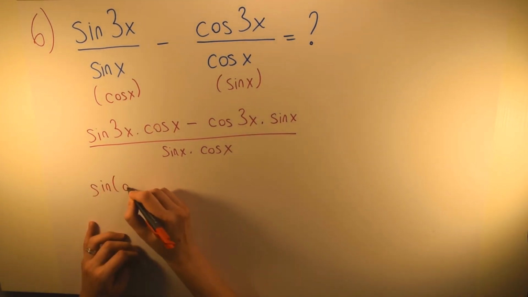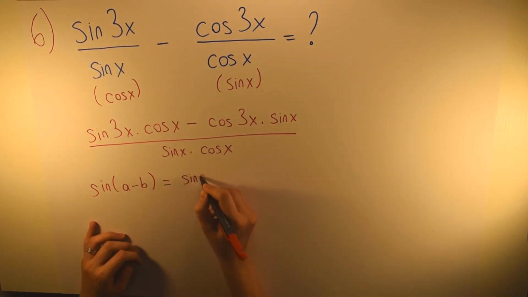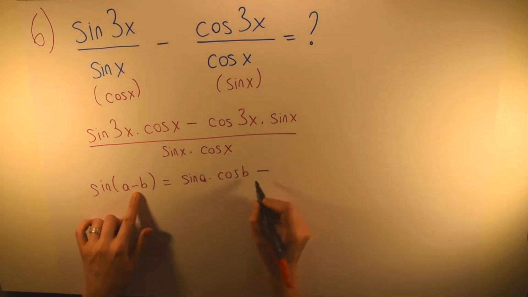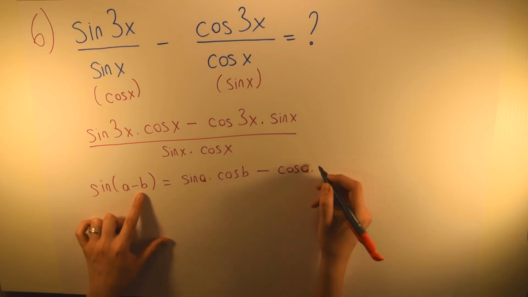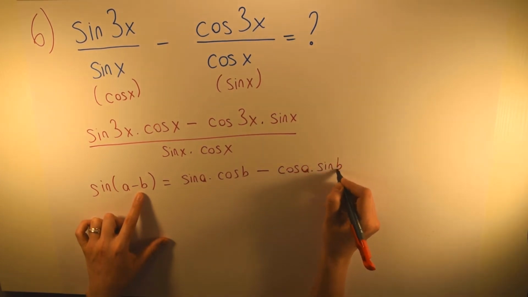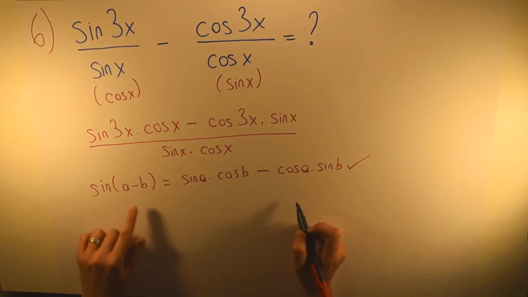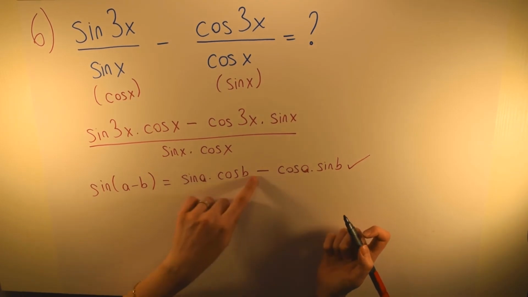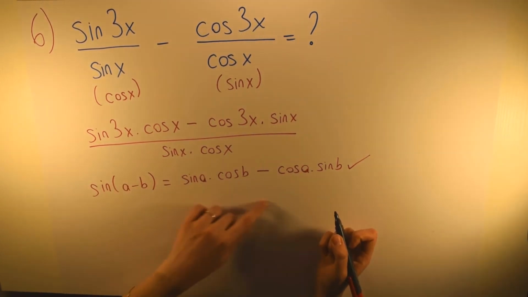Sine A minus B is equal to sine A times cosine B minus cosine A times sine B, right? This formula comes from this formula actually. So when you look at it, it's sine, cosine, cosine, sine, and since it's minus, it's also minus here. This is for you to remember.